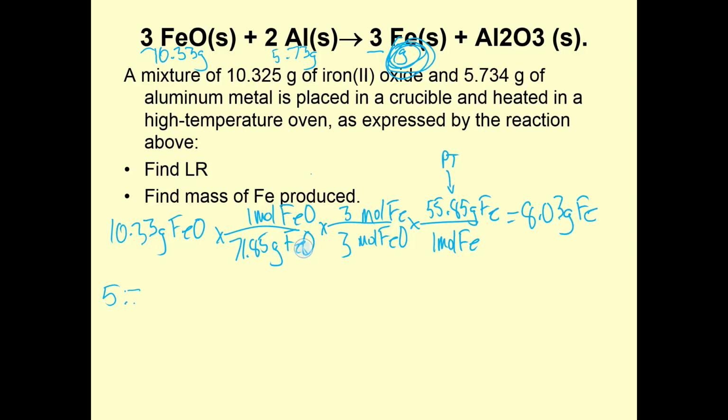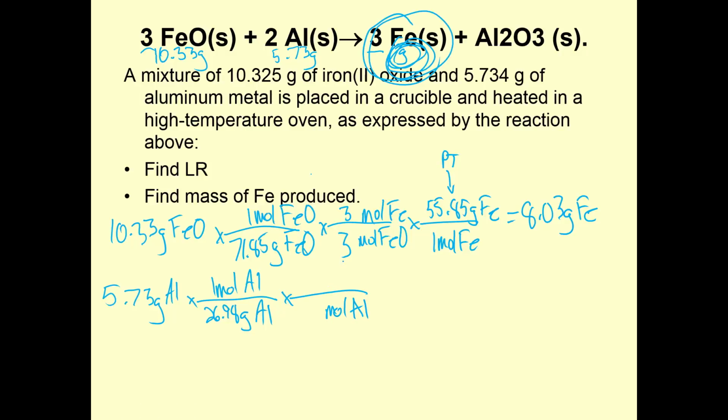Same thing, but starting with a different number, 5.73 grams of aluminum. And then aluminum is 26.98 grams from the periodic table. That's 1 mole of aluminum. Times dividing bar, moles of aluminum. And I'm going to convert it into the same thing, which is grams of iron.